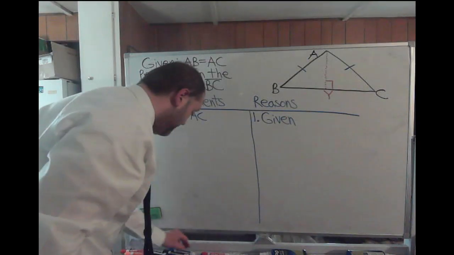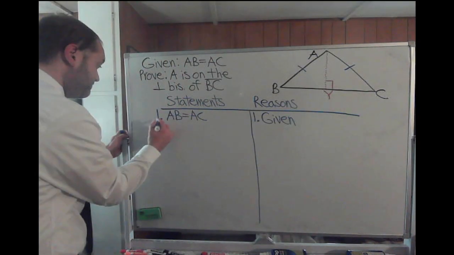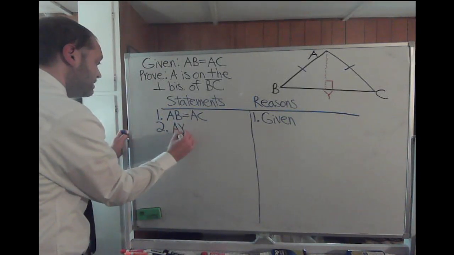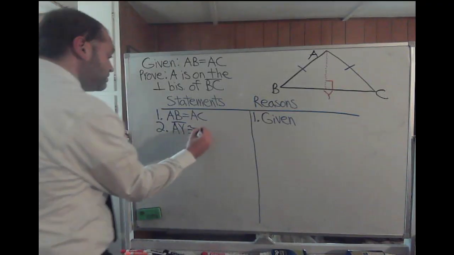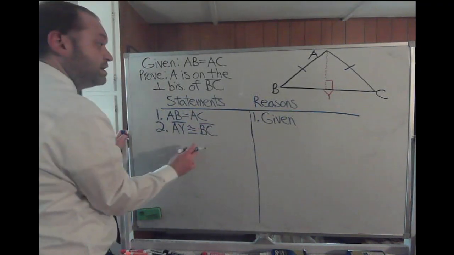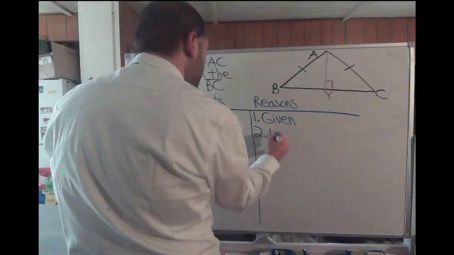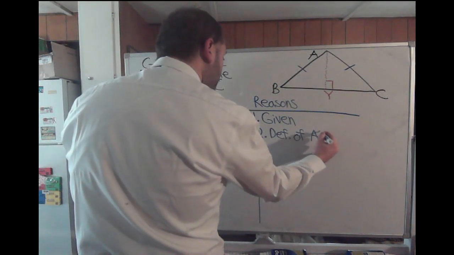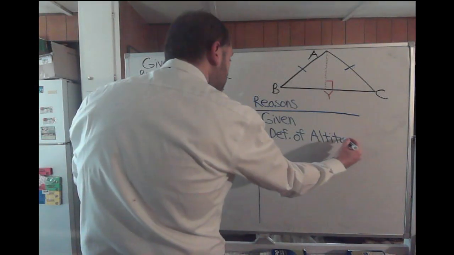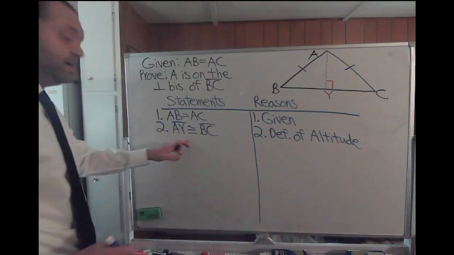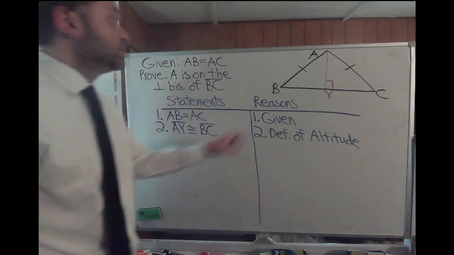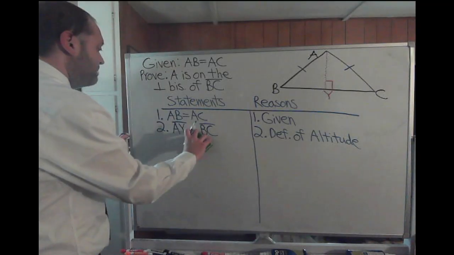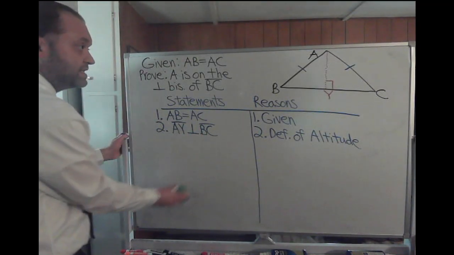Now, we can actually say next that AY is perpendicular to BC by the definition of altitude. So by the definition of an altitude, AY is congruent, did I say congruent? Forgive me for that. I meant to say AY is perpendicular to BC.